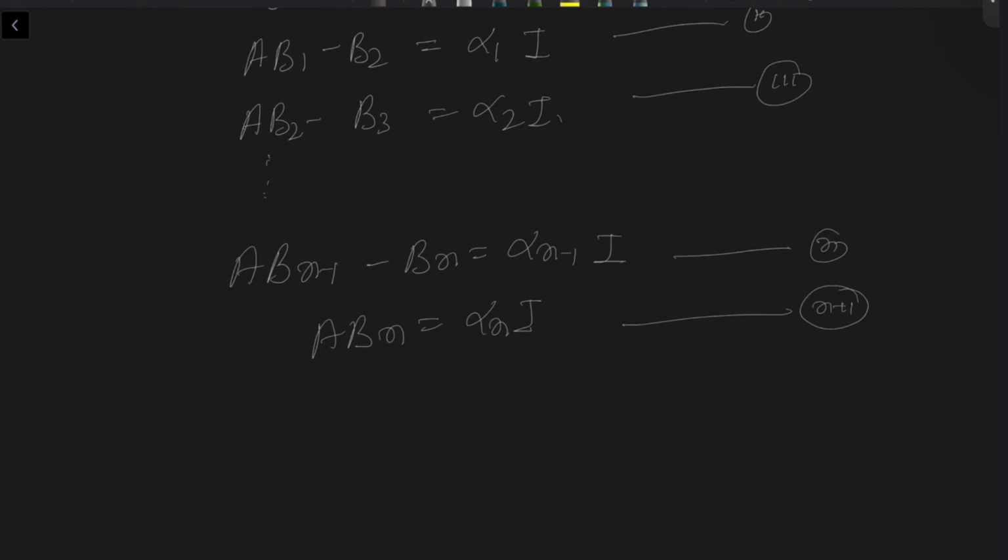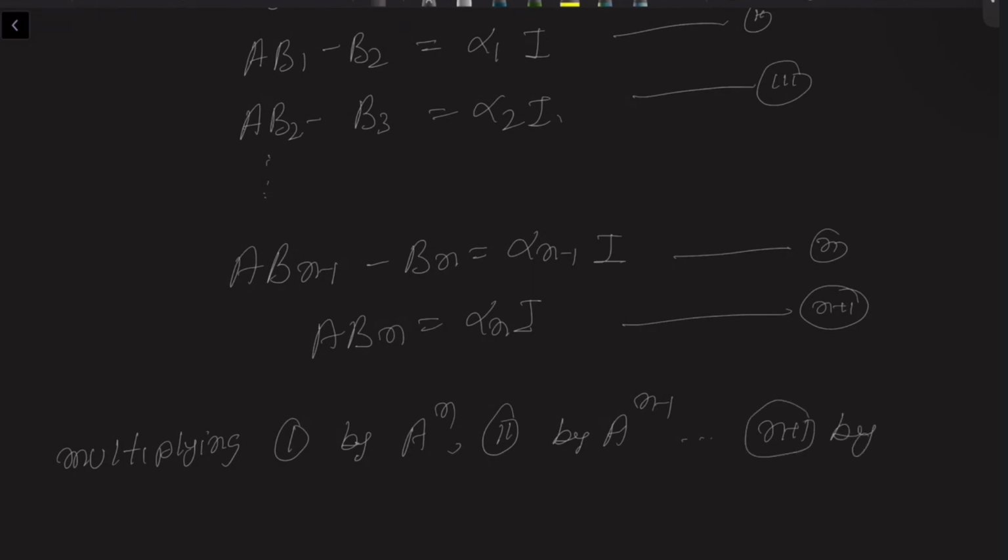So multiplying 1 by A^n, 2 by A^(n-1), and up to the (n plus 1)th by I, and adding all of them.